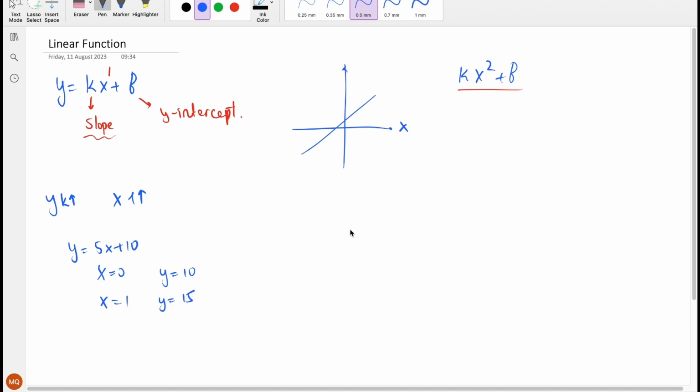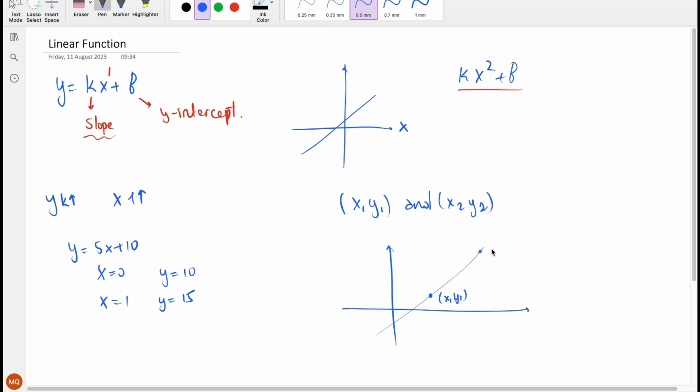Okay, let's look at how to find the value of slope. For finding slope, you just have to know 2 points: x1, y1 and x2, y2. Let's show it also in the xy plane. Let's say here x1 and y1, x2, y2.